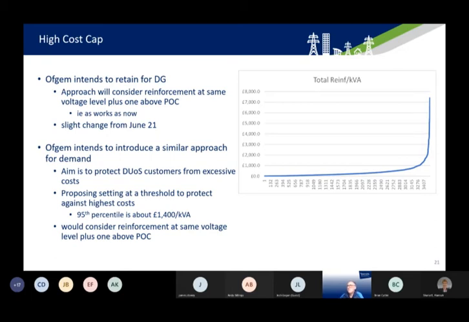There might be some car dealerships that it will affect, but I don't know until you'd actually work out those. It's not meant to target any particular type of customer. It's just trying to say, if there are ones where the reinforcement cost divided by the capacity is like 8 times the average, then those are the ones where they think it's maybe excessive for GEOS customers to pick up the tab.